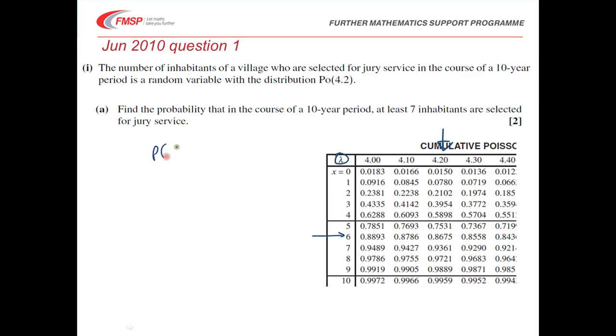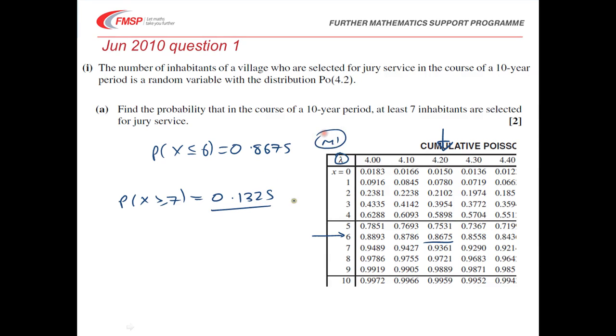So the probability of x being less than or equal to 6 is equal to 0.8675. So the probability of having at least 7 will be the complement of that. So it's 1 minus that, so 0.1325. So that's great. You get 2 marks for that, which is lovely. 1 for switching around your probabilities and therefore using the table, and 1 for getting the correct answer.